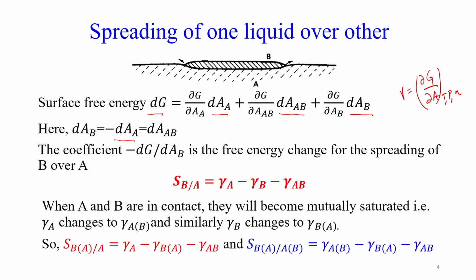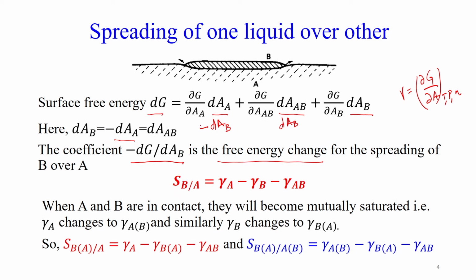So, dAA will be minus dAB, and dAAB will be dAB again. Let us consider the spreading coefficient, dG upon dAB, in terms of the free energy change for the spreading of B over A.